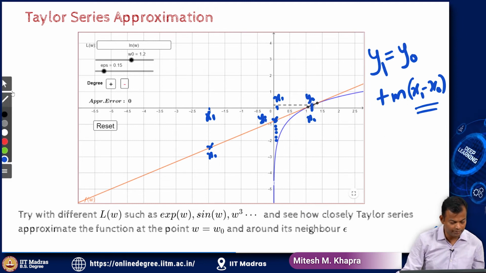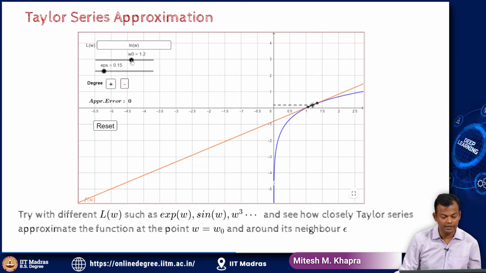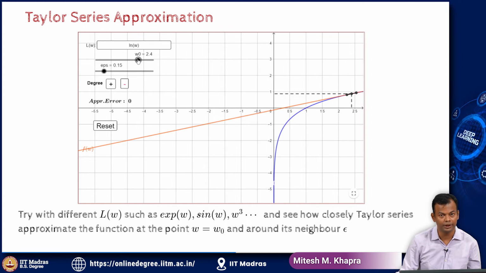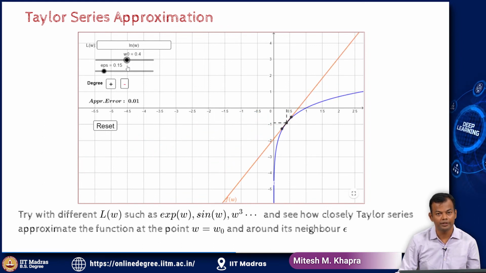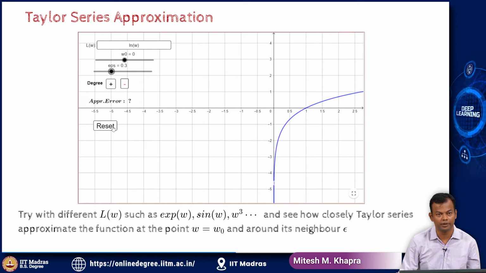Now let's see something else also. The other thing is that as I increase W naught, I'm just changing the value of W naught, and you can see that the orange curve is a very good approximation. Let me just increase the delta a bit. Let me reset this.